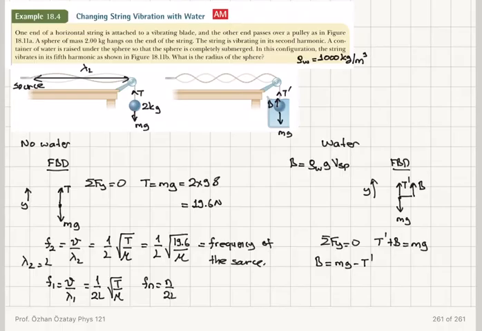Then for F2 I have 1 over L. For Fn I have n over 2L square root of T over mu. For the fifth harmonic I would have F5 equal to 5 over 2L square root of the new tension divided by mass per unit length.